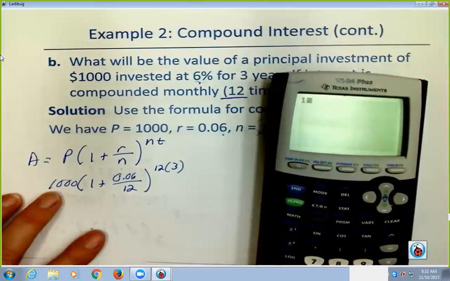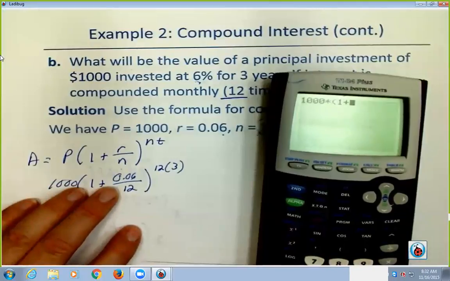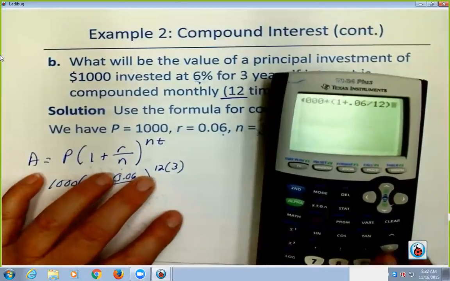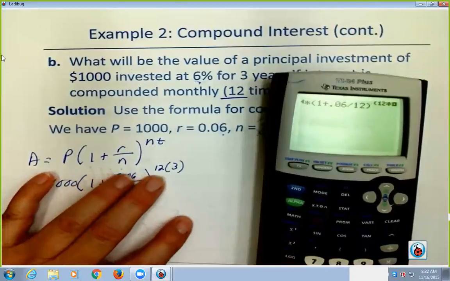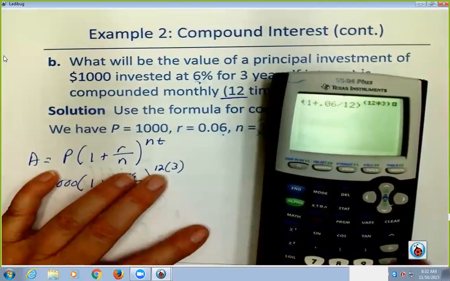So 1,000 times parenthesis 1 plus 0.06 divided by 12 parenthesis caret or exponent 12. Oops, backspace. I gotta put that inside of parentheses. Parentheses 12 times 3 parenthesis. Or you can just put 36 in there because 3 times 12 is 36. And get it back down and hit enter.